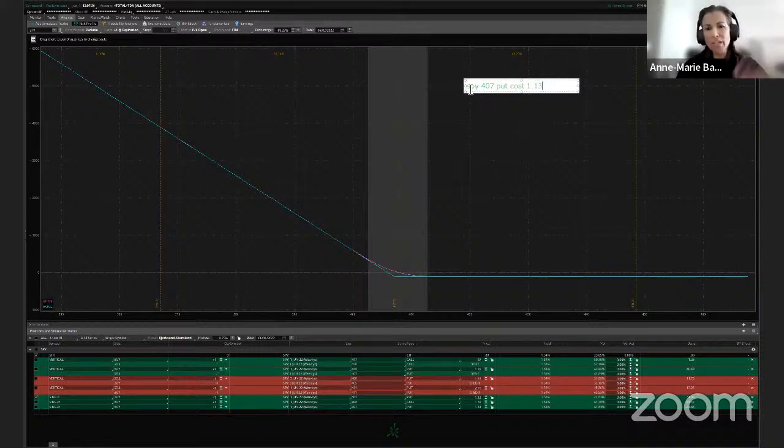Every time you buy an option, it gives you control of 100 shares. So anytime you see the price of a standard option, you're going to multiply it by 100, and so your total cost will be $113.